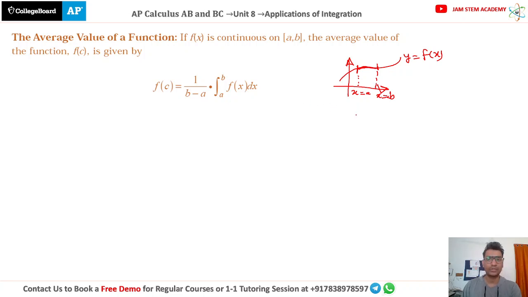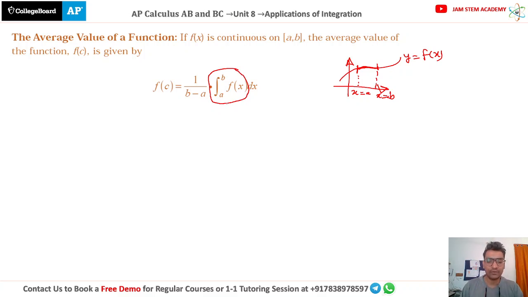How to find that? Average is given by the sum of all observations divided by the total number of observations for discrete values. But for continuous values, we take the integration of the y values, which is given by integration a to b f of x dx. That's your numerator part.